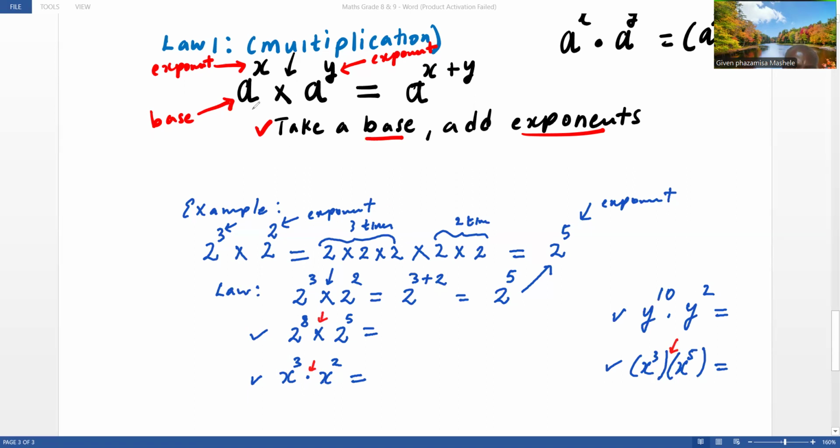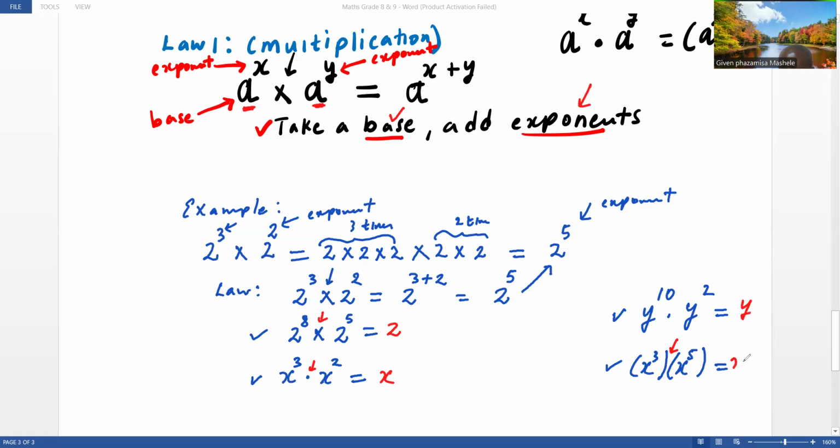Now, according to this law, as long as the bases are the same, we just take a base and we add exponents. So what is our base here? The base is 2. What is the base in the second one? The base is x. What is the base here? The base is y. And here?